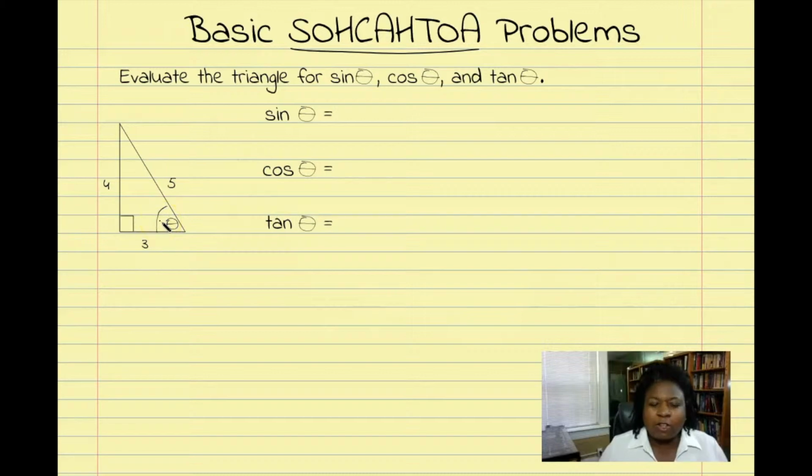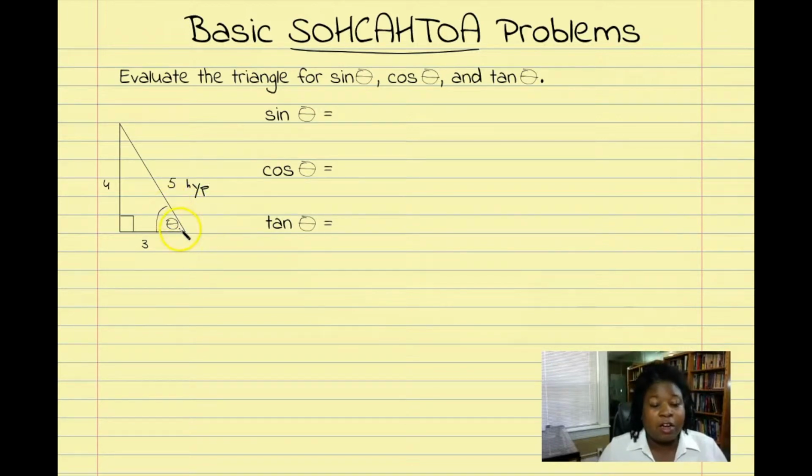Now, here's our angle theta. And a good first step, well, after labeling your paper with SOHCAHTOA, is to identify the sides. So here's our right angle, and directly across from the right angle is our hypotenuse. So it's a good idea to label it. I'll just put hype.